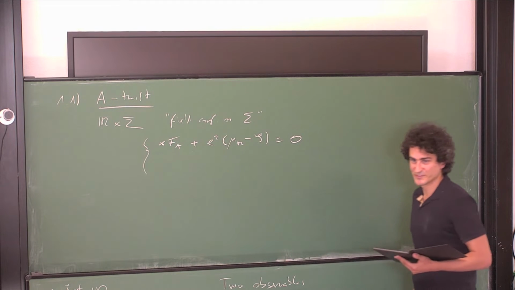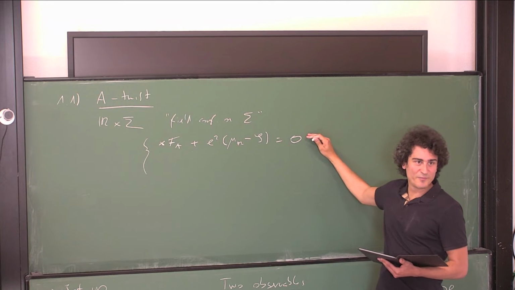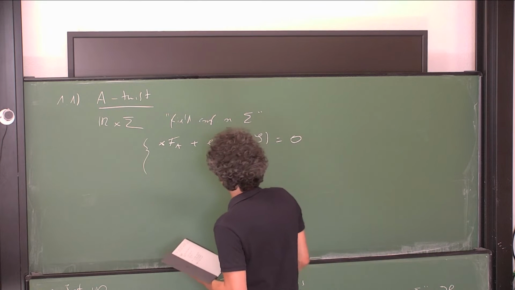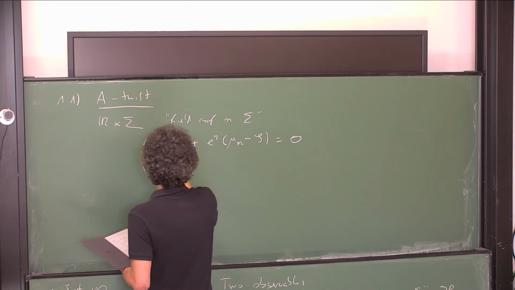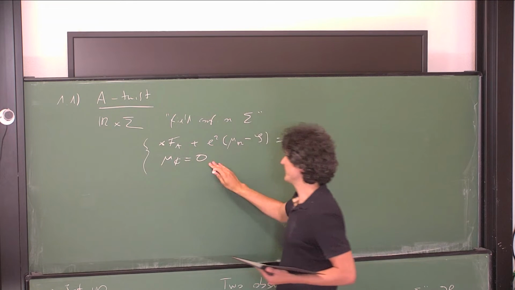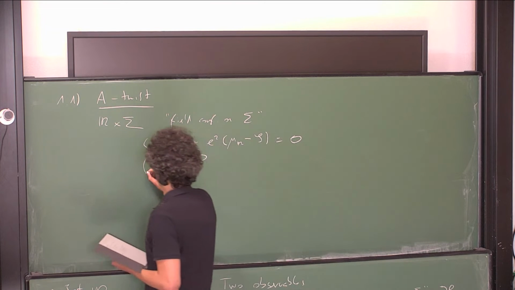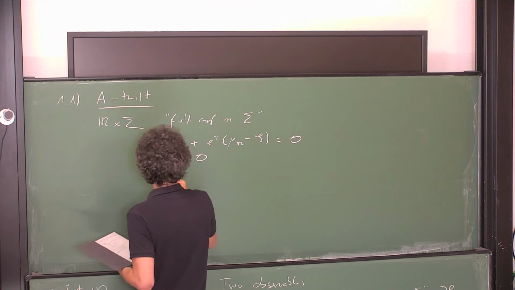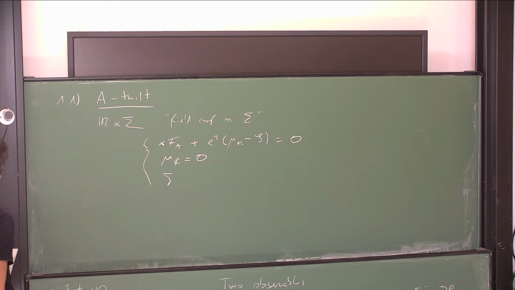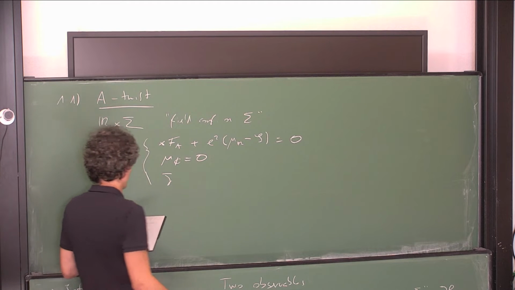So we have the vortex equations, and here I am separating the real part from the complex part, as Justin mentioned this morning. I'm going to have a complex equation that sets the complex moment map to 0, and then I have the Dirac equation on these configurations.